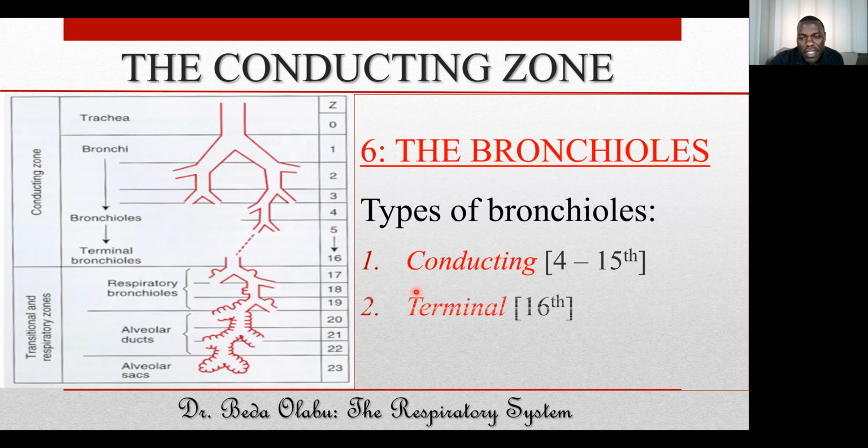Then the 16th generation of airway division is known as the terminal bronchiole. I want you to note that the terminal bronchiole is actually the end of the conducting zone. The terminal bronchiole is the end of the conducting zone.